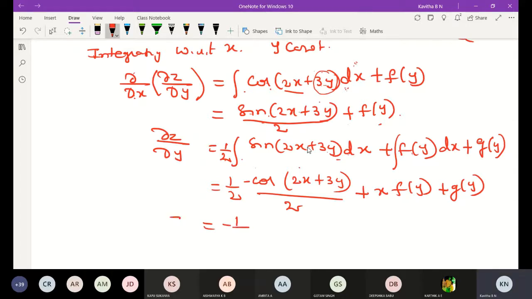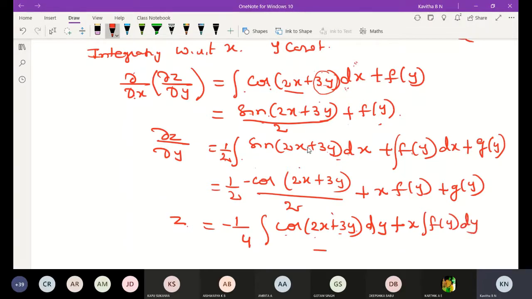Again integrate: z is equal to minus 1 by 4 integration of cos of 2x plus 3y. We are integrating with respect to y, so cos of 2x plus 3y into dy, plus x into integration of f of y into dy plus integration of g of y into dy, plus here we have to write h of x.